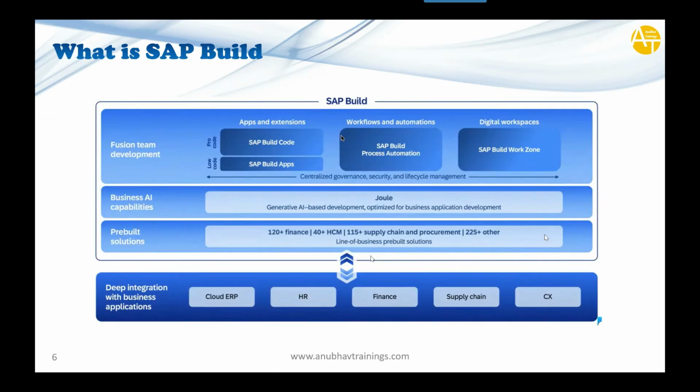We call them citizen developers. So the idea here is to increase productivity and let everybody in the company contribute, and that's where the SAP Build Portfolio was introduced. SAP Build Portfolio comes with three major tools.